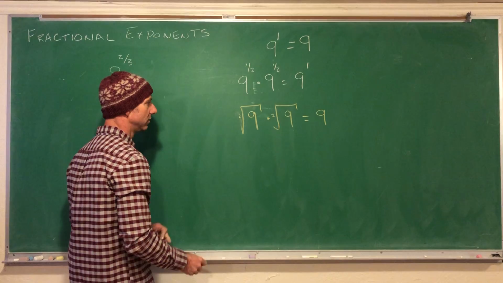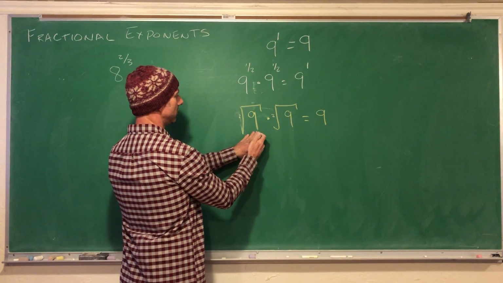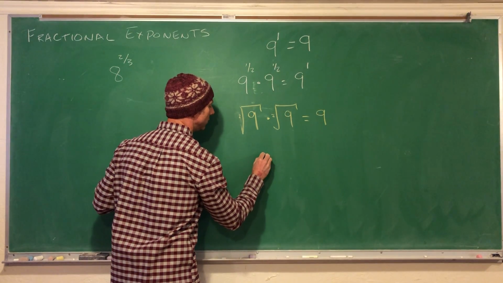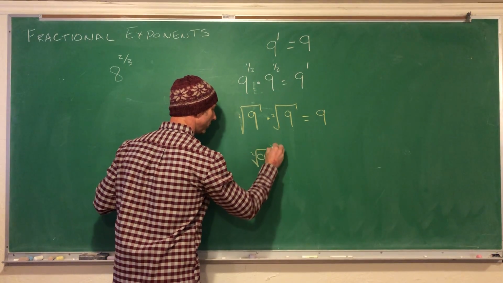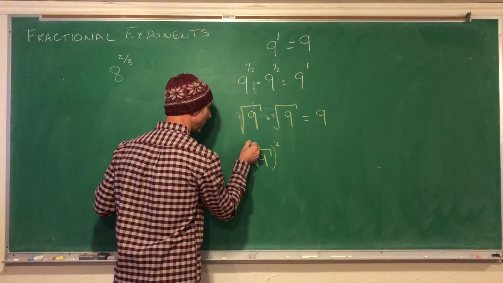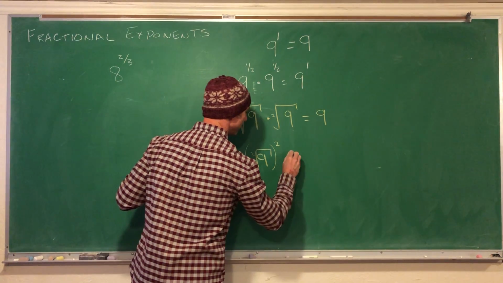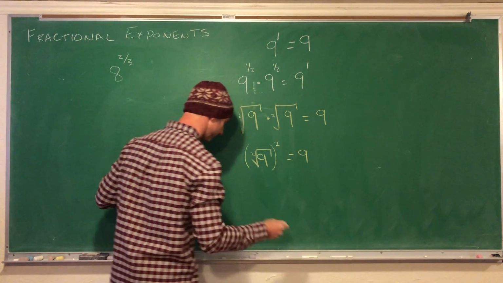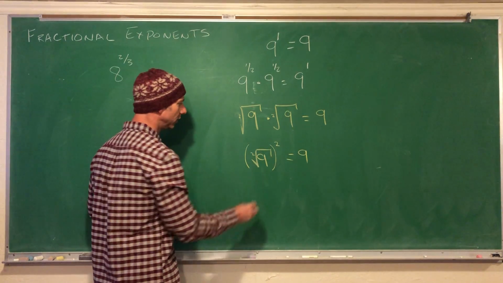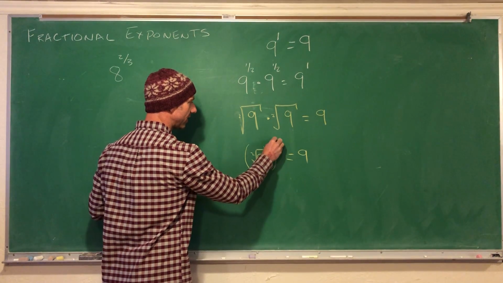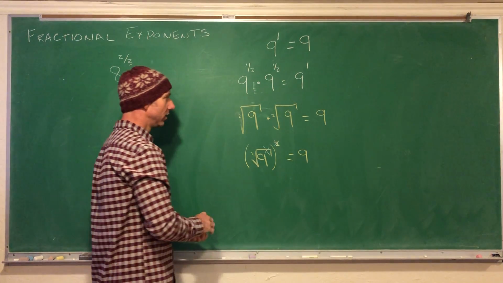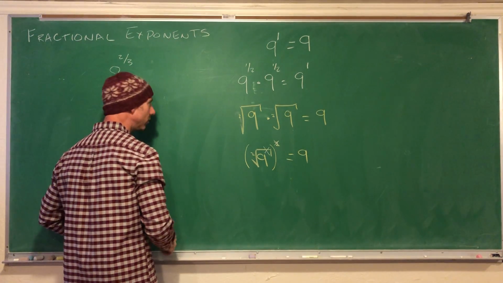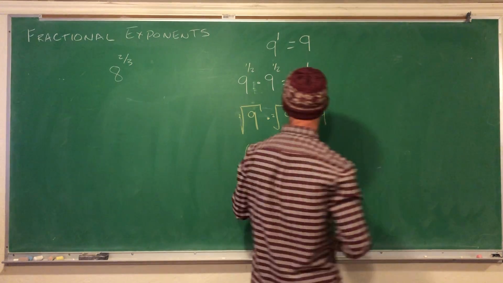This is equivalent to square root of 9 squared. As we've mentioned earlier, the square and the exponent cancel. 9 is 9.